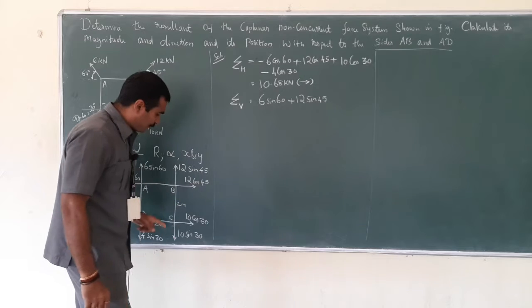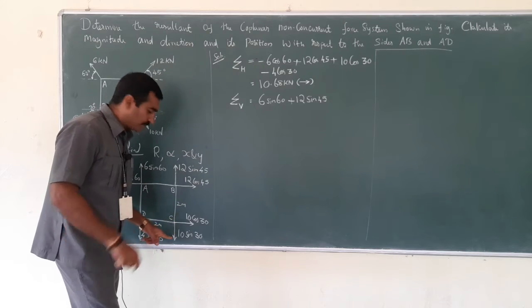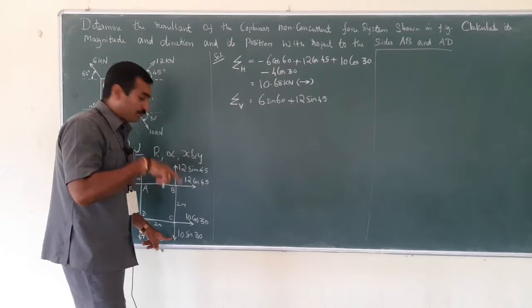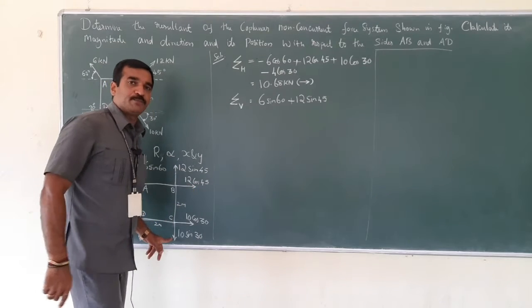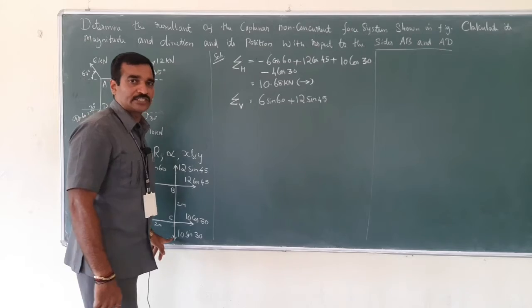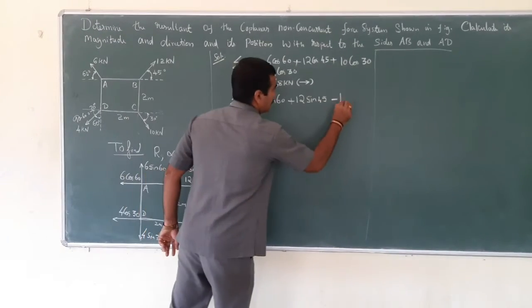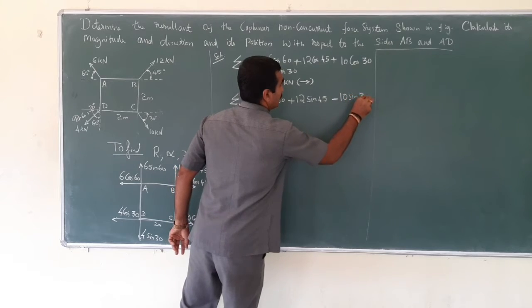Let me move to point C, where a force is acting vertically downwards, that means the arrow is heading towards the negative y direction, therefore it will carry a negative sign. The magnitude is 10 sin 30.